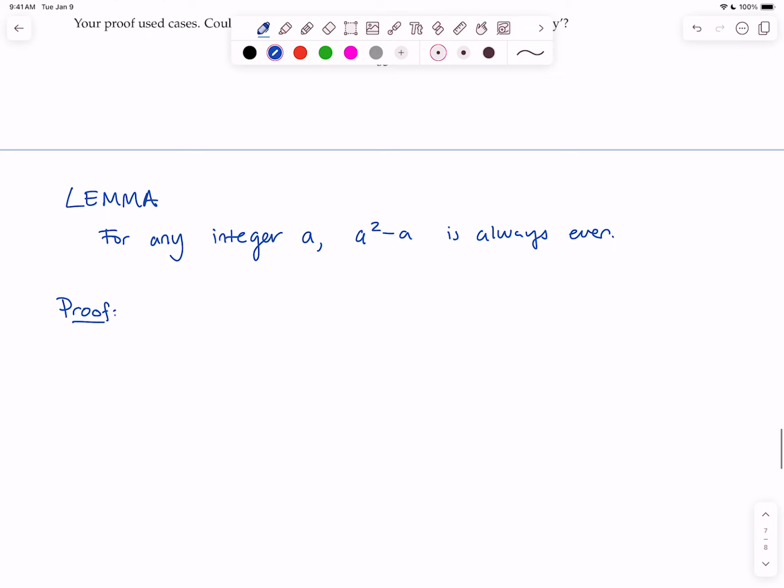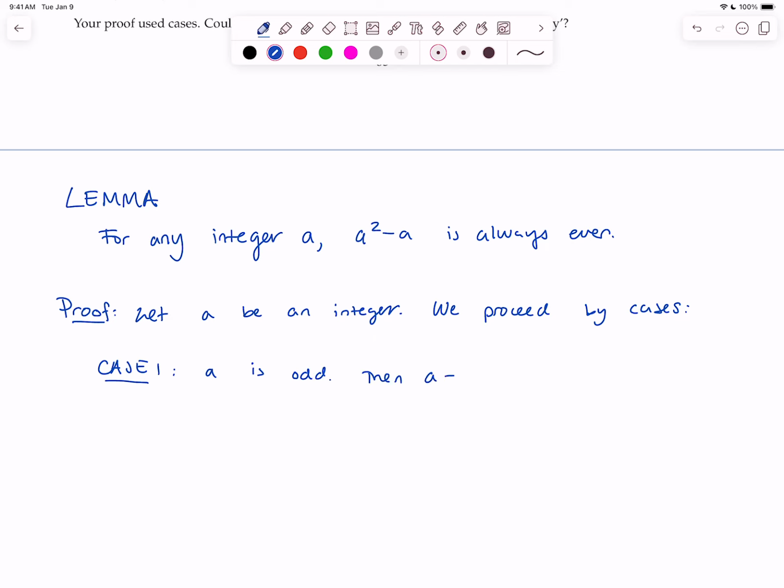So proof: let A be an integer. We're going to do 2 cases, so you could say we proceed by cases to tell the reader that we're going to do 2 different ones. Case 1, A is odd.